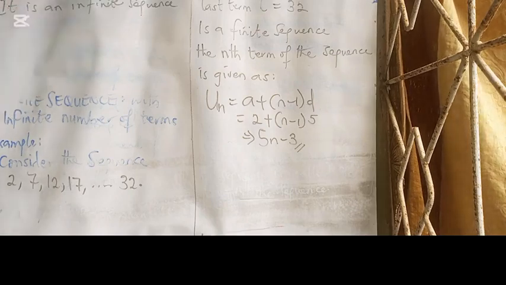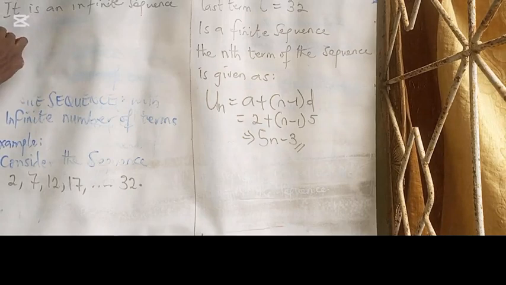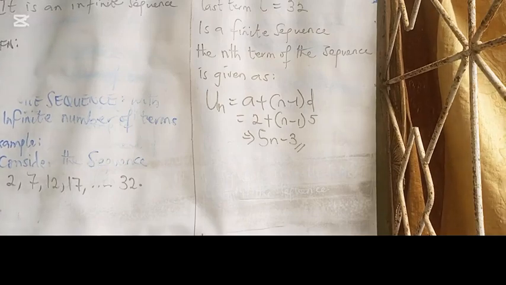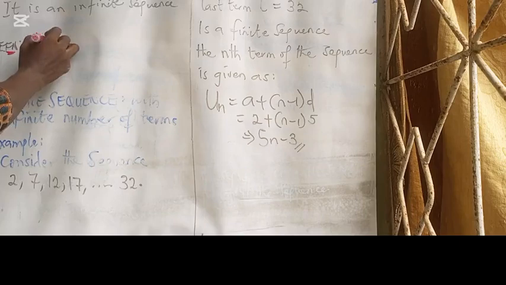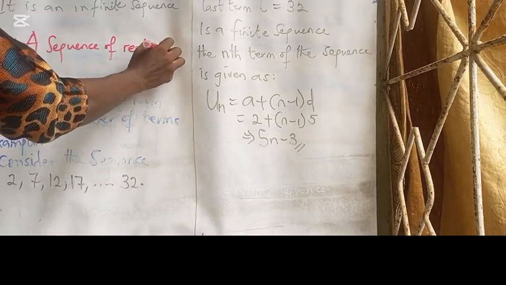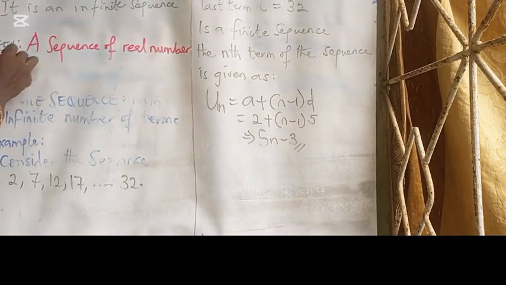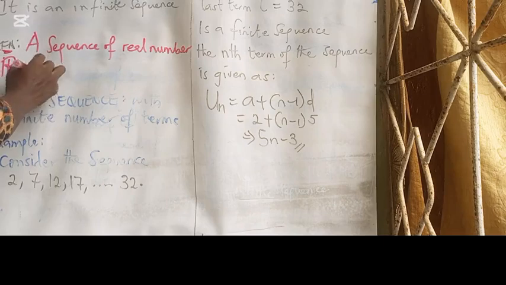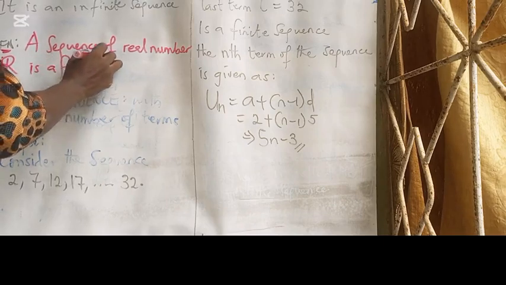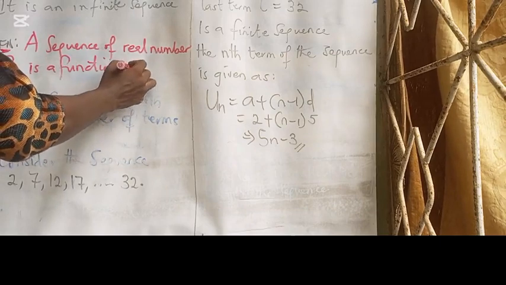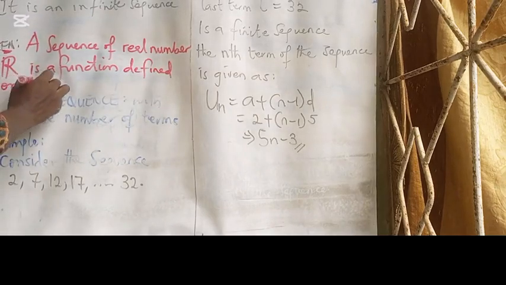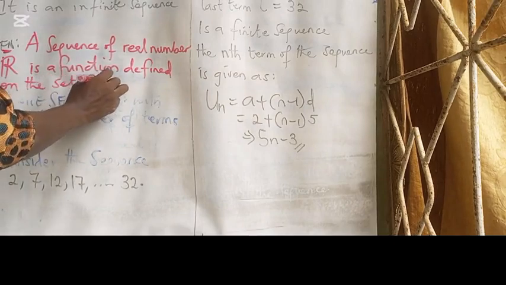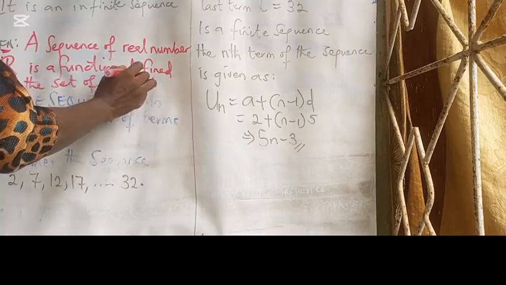Now, a formal definition for sequence will be what? A sequence of real numbers, we represent our real number like that, is a function defined on the set of natural numbers.